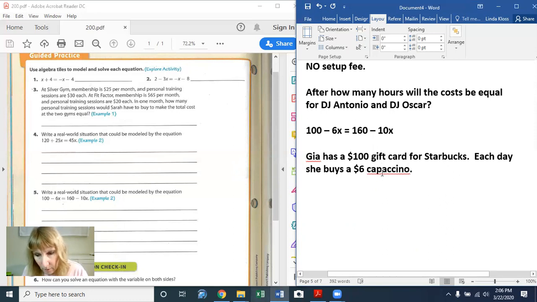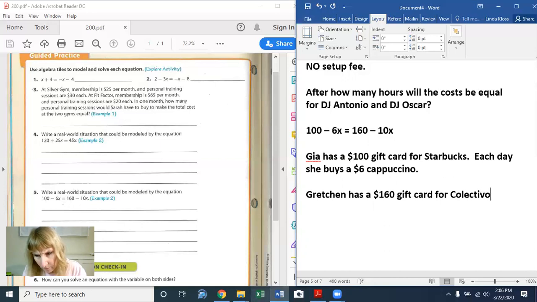I thought I was going to spell that wrong. Let's see. Cappuccino. Okay. And we have Gretchen, who has a $160 gift card for Collectivo.